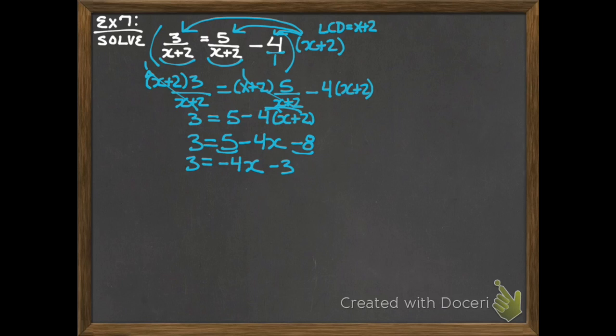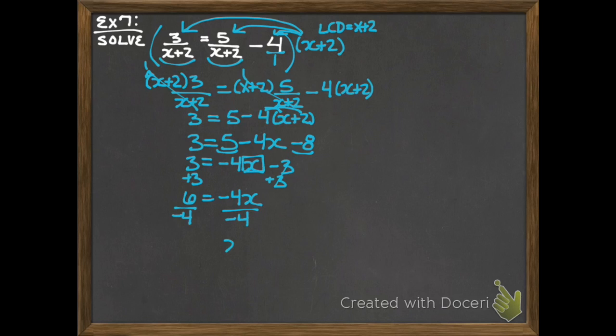So now I just have a single variable equation. So I want to get this x by itself, so I can add 3 to both sides. That leaves me with a 6 on the left side. These cancel out. I'm left with just negative 4x on the right side. Divide both sides by negative 4.